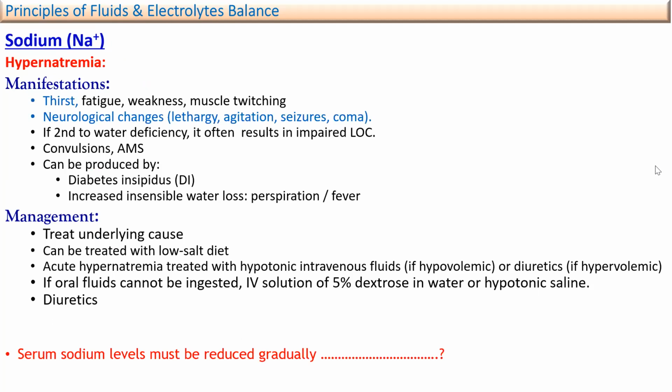The hypernatremia manifestations: thirst, fatigue, weakness, muscle twitching, neurological changes like being lethargic, agitation, seizures, coma, convulsions, altered mental status, AMS, decreased level of consciousness.